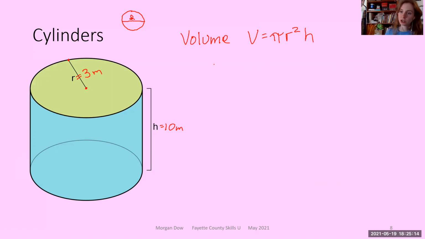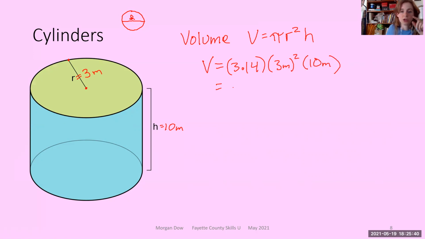So when you're doing your calculations on the GED test, you should always use 3.14 for pi, unless the problem specifically tells you to do something else. So for this cylinder, pi is 3.14 times the radius squared, so 3 meters squared, times the height, which is 10 meters.